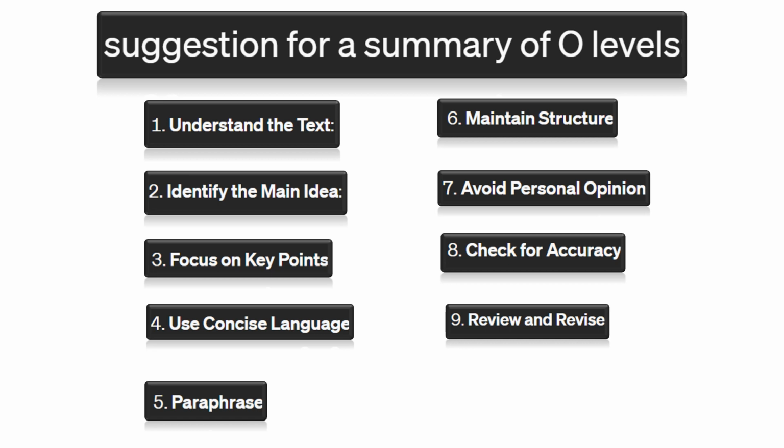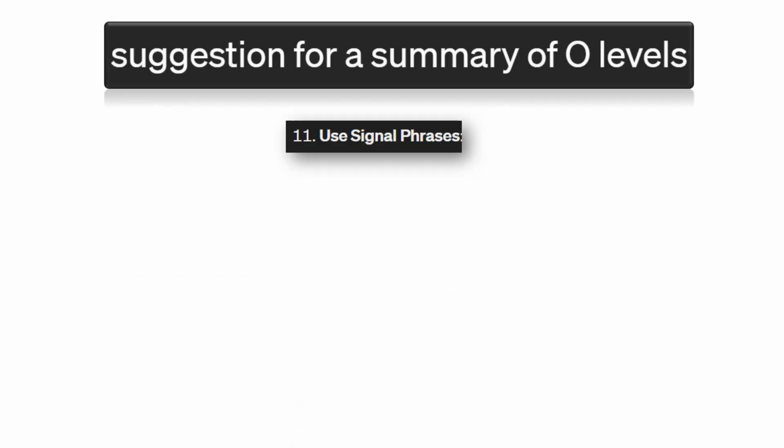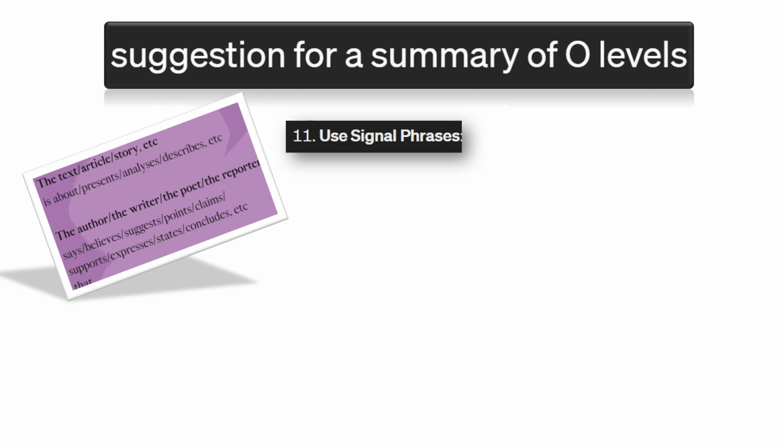So 10 marks here are for your content, the material you are providing, and 10 marks are for your language and accuracy. You will have to be mindful that you don't go beyond the given word limit, that is 150 to 180. Further, you have to use some signal phrases. These can be phrases like: it is about, the article is about, the article presents, the author analyzes, the author describes.